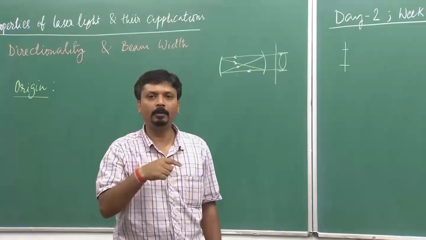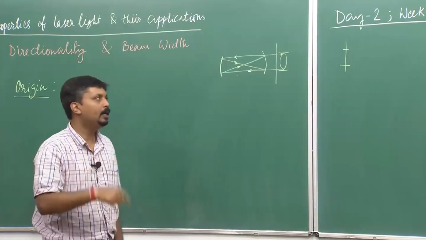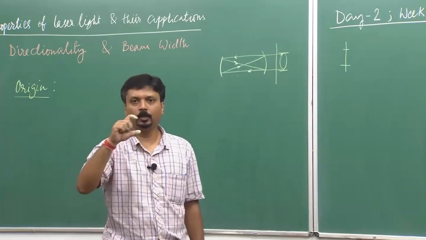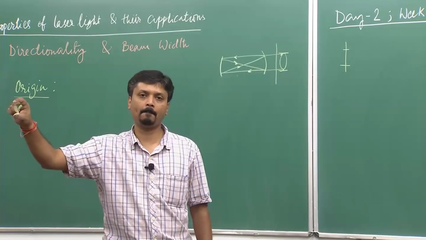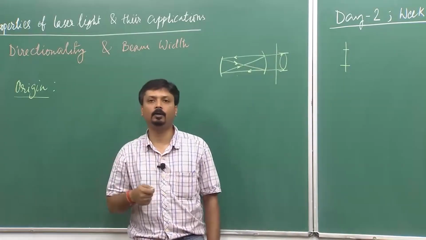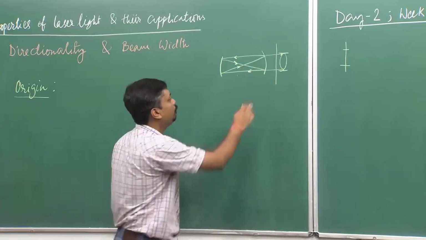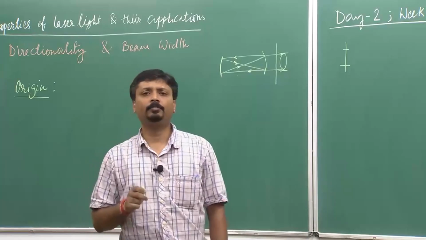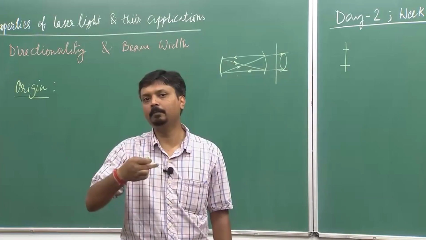We have been talking about a beam, but why do I say laser beam? Why don't I just say laser light? Because it is collimated, so the photons are coming like a physical beam. What is the difference between a steel beam, or any other metal beam, and this photon beam coming out of a laser? In the case of a metallic beam we have a physical barrier or physical boundary.